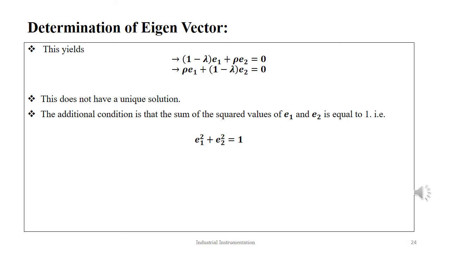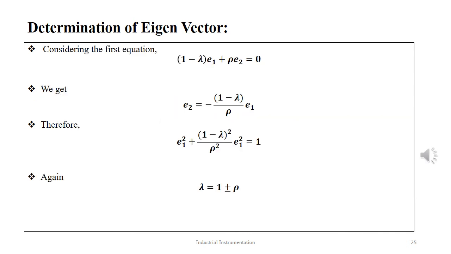The additional condition is that the sum of the squared values of e1 and e2 is equal to 1, that is e1 square plus e2 square equal to 1. If we consider the first equation, 1 minus lambda into e1 plus row e2 equal to 0, we get e2 equal to minus 1 minus lambda by row into e1.